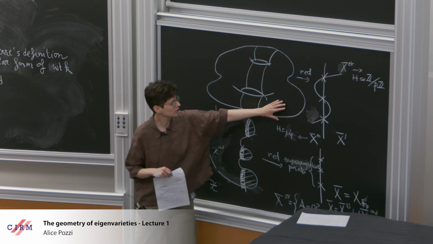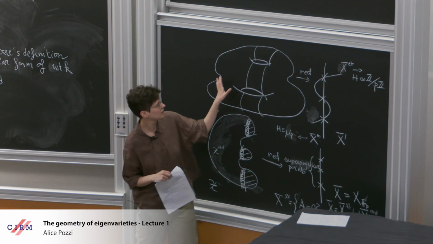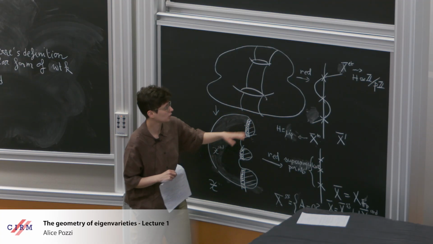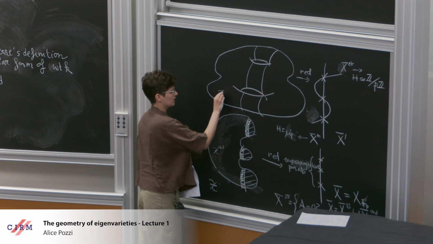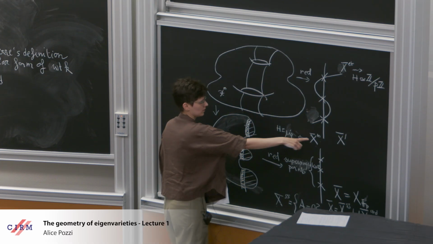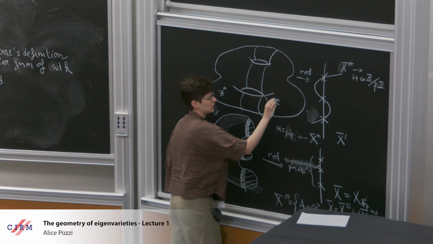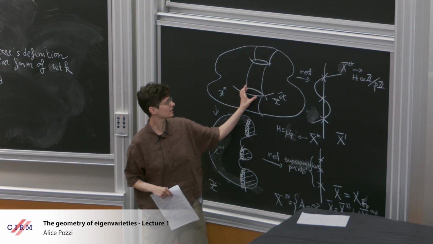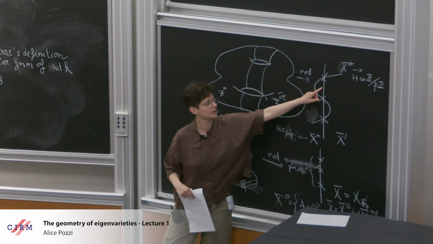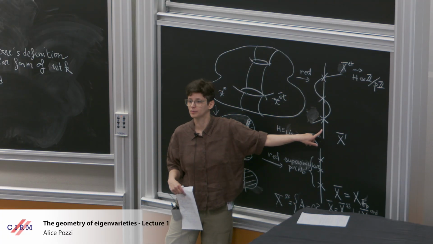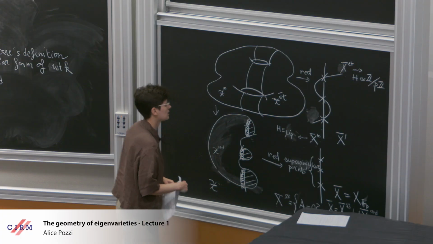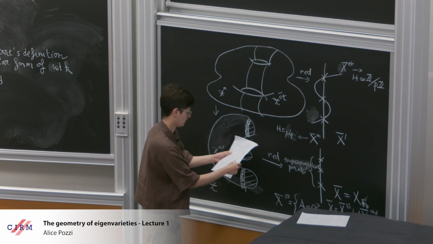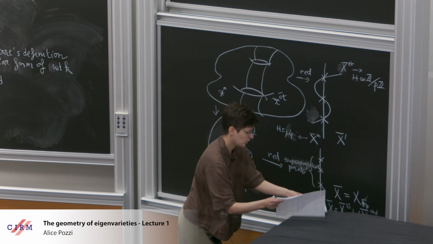The other region corresponds to the étale part. In the middle, there are some annuli that reduce to the supersingular points. So this is a way of visualizing my picture as before.